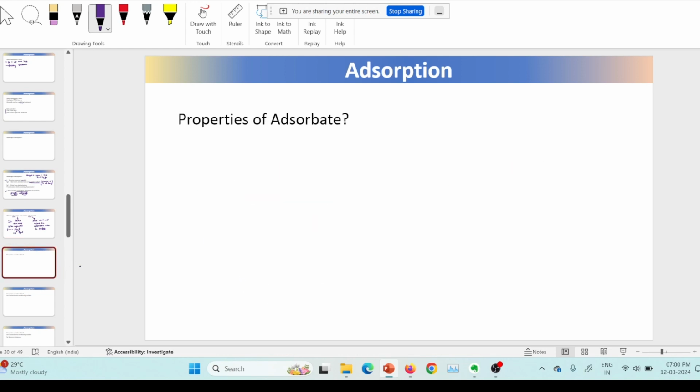Properties of adsorbate. The adsorbate, which means the pollutant. It is asking what should be the property of the adsorbate. The adsorbate should be non-biodegradable and non-volatile.